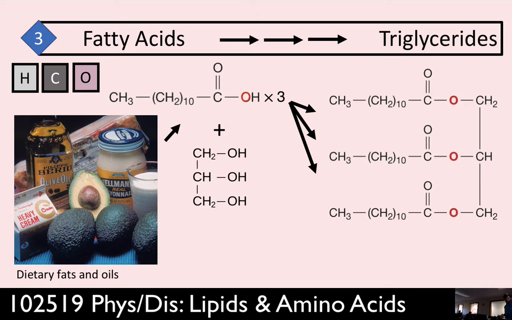These triglycerides. So triglycerides are how fats are stored in your cell. Fat cells, also called adipocytes. Adipose tissue is tissue that is fat storage tissue. These triglycerides get packed up into there. So anyways, there's a lot more I could say about that, about fats and oils.